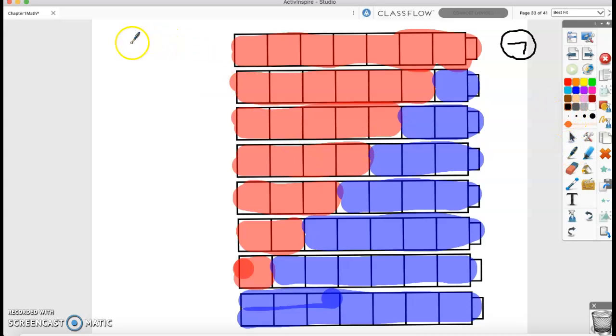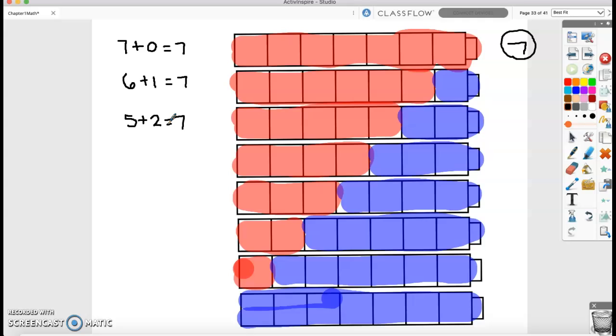So on this first one, I see that I have 7 red plus 0 blue, and that's going to be 7 altogether. Remember, these are ways to make 7. This next one I colored in 6 red plus 1 blue equals 7. This one, I colored 5 red plus 2 blue equals 7.